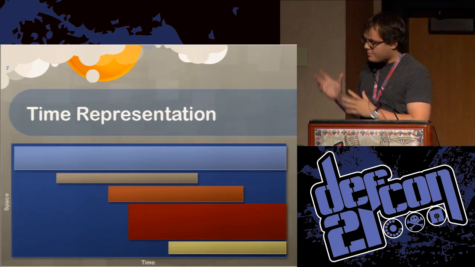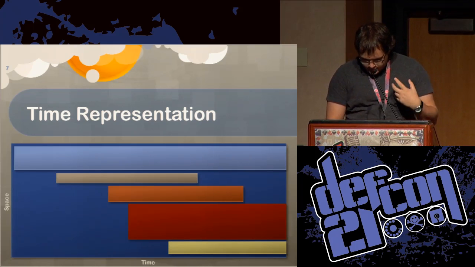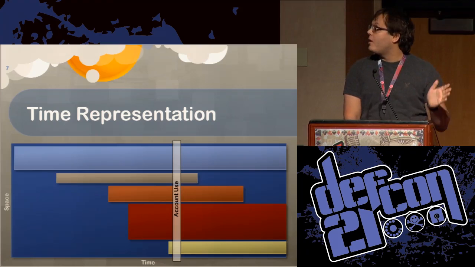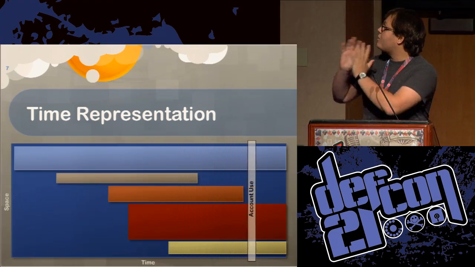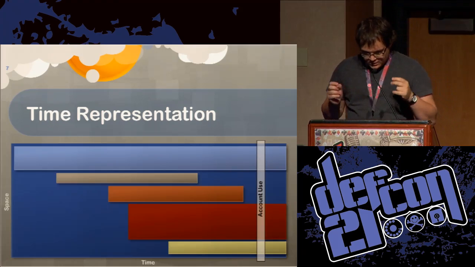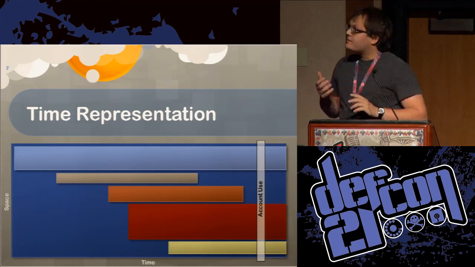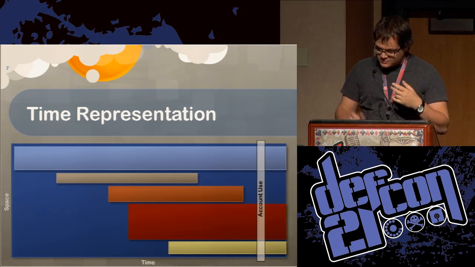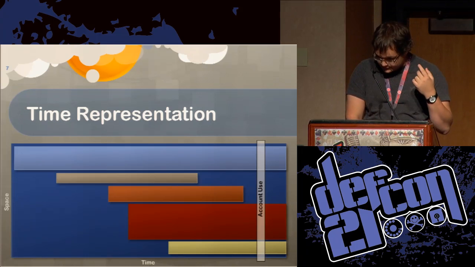With this representation, we can think about the amount of space we're using as a sliding bar. At any given time, we are occupying a different amount of space. This gives us an interesting mechanism with which we can recover previously deleted files.